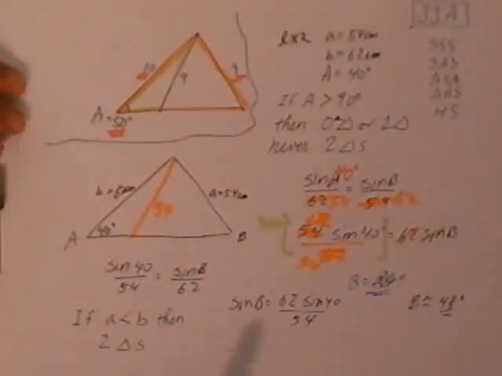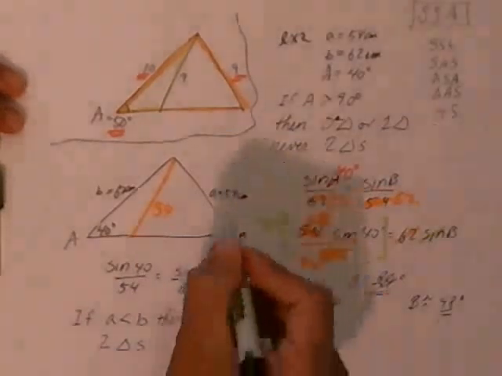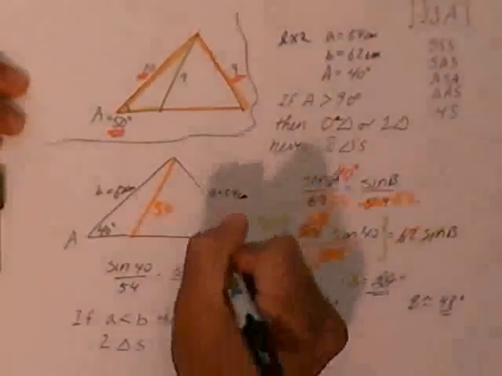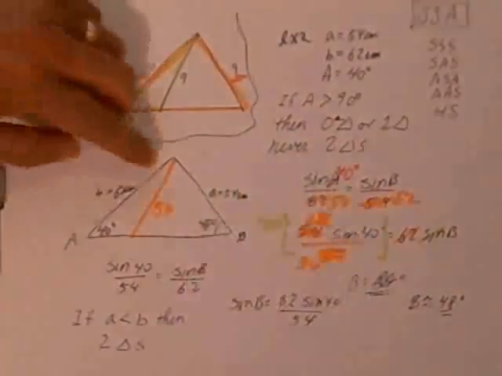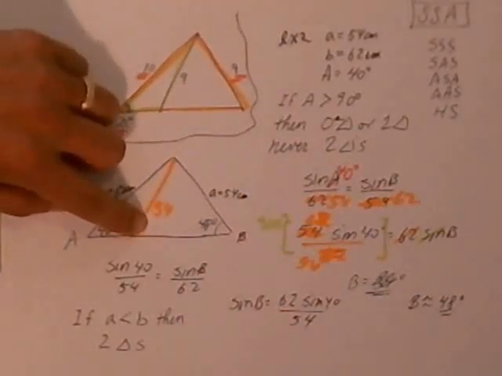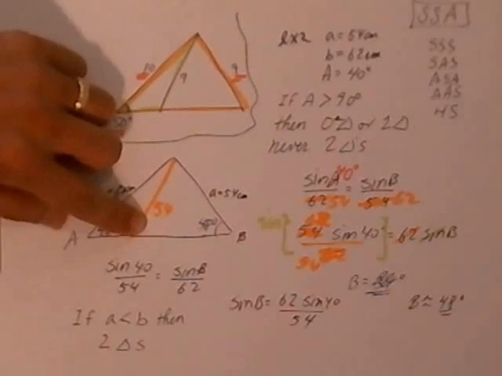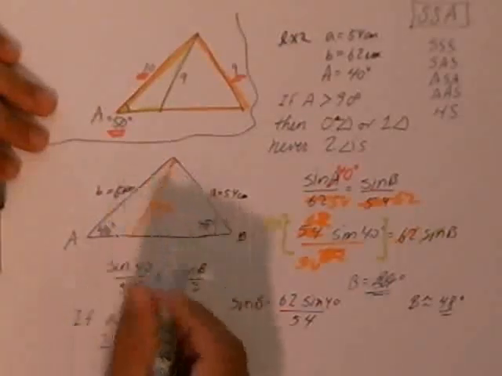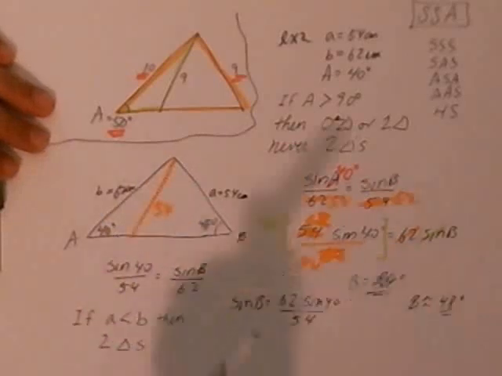We know one thing. I'll give you a little bit of a hint to find the little triangle. Since this is 48 degrees, we know these are equal. This is going to be also 48 because it's an isosceles triangle. So this is going to be 48. What's the measure of this angle right over here?